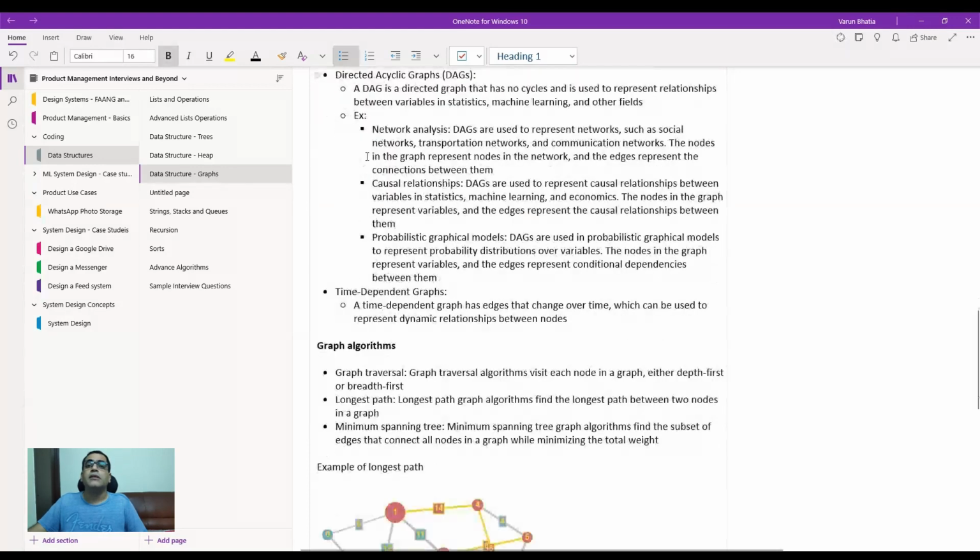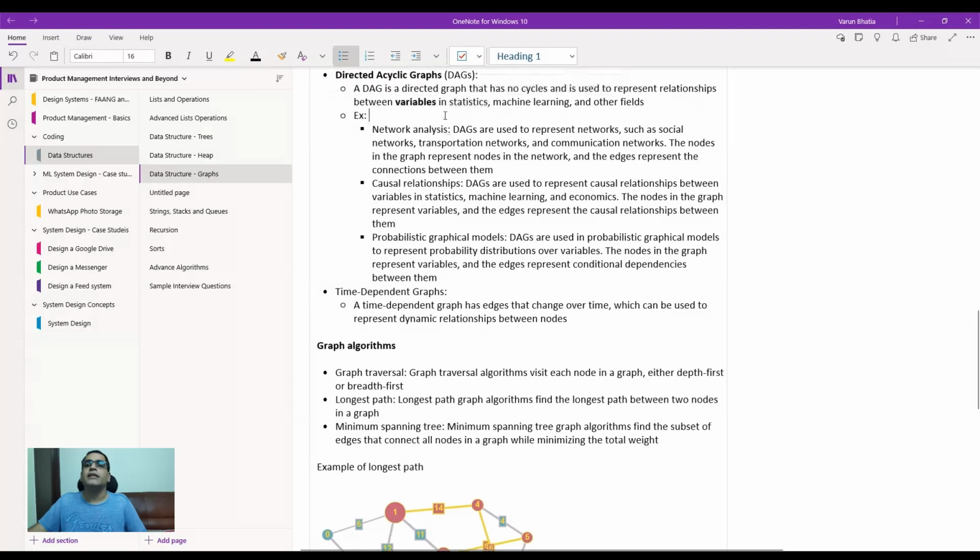Now, this is an important category which is very useful from an interview perspective. Directed acyclic graphs, right? Directed means there is a one-way relationship. Acyclic means it's not completing the cycle. So, a DAG, in short form, is a directed graph that has no cycle and is used to represent relationships between variables, let's say in statistics or machine learning and other fields.